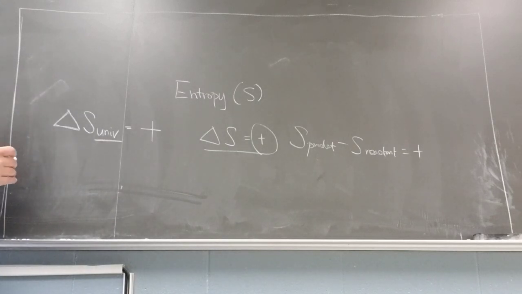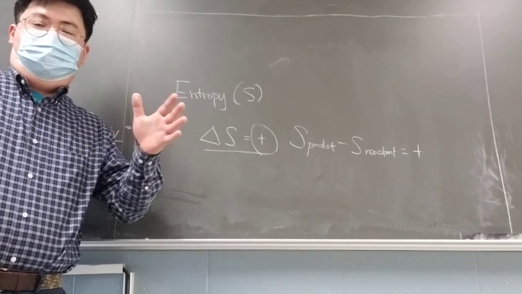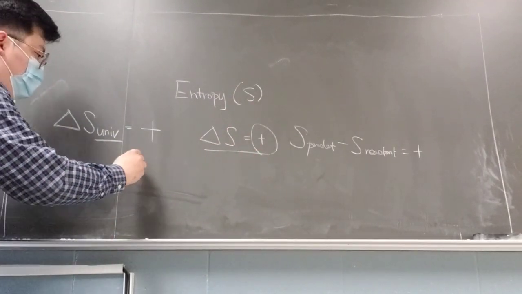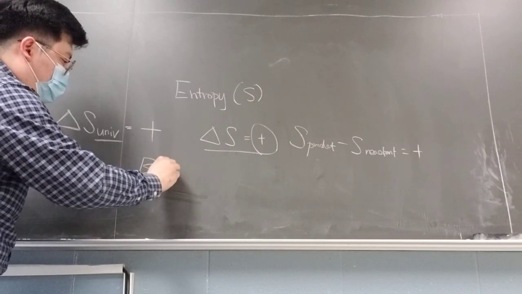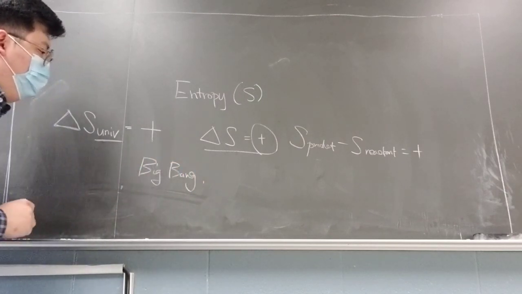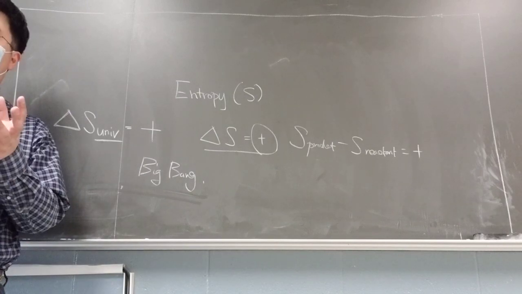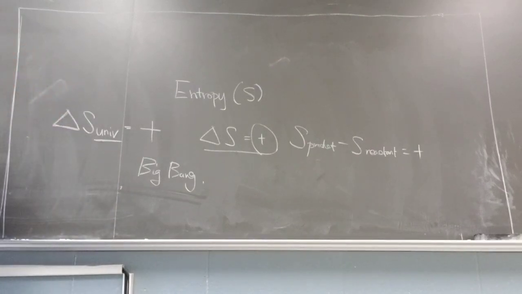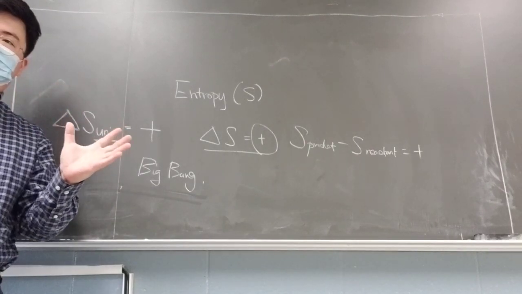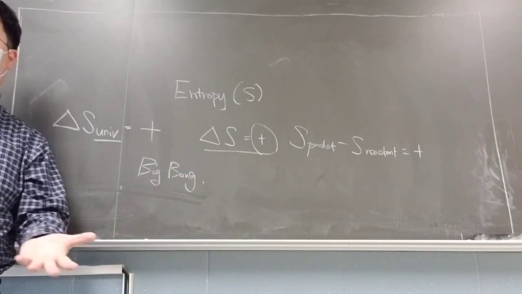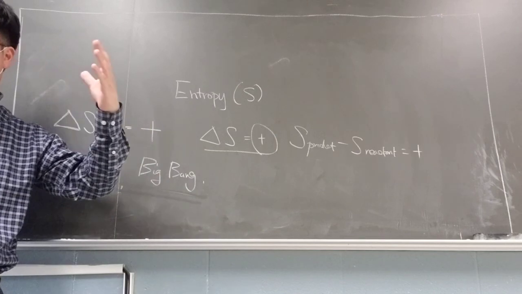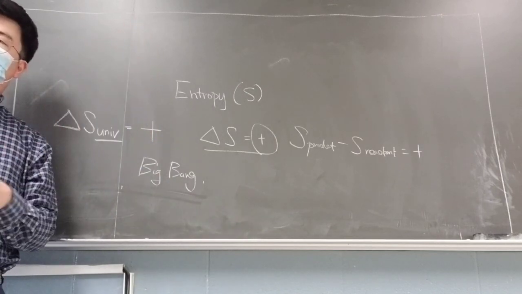This is always true. The entropy is always increasing in total amount in the universe because we believe in the Big Bang theory. From the Big Bang theory, everything exploded from one singularity point and the total volume of the universe has been expanding ever since, so the disorderliness of the universe always has to be increasing.